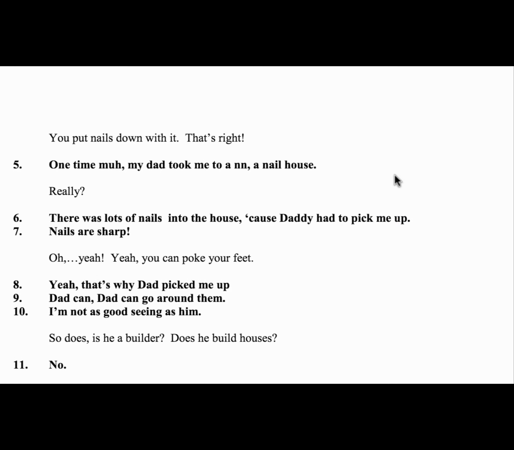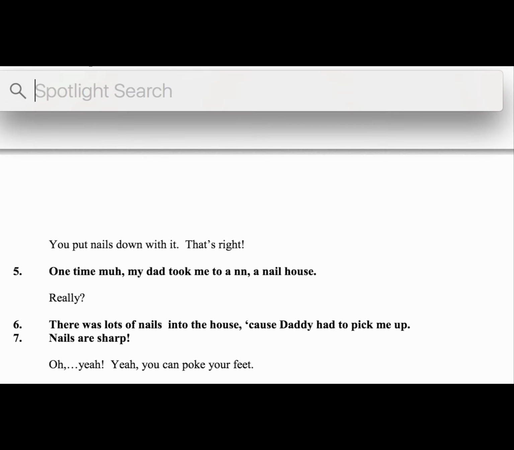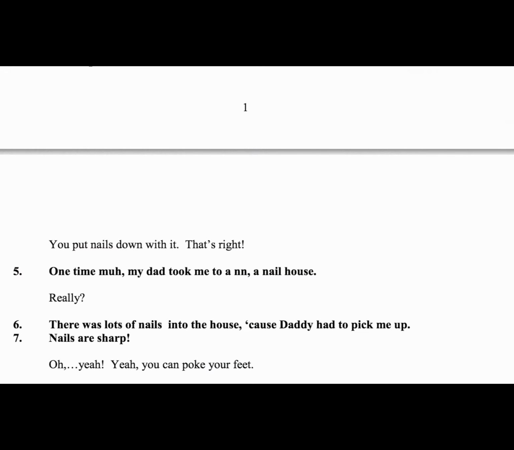Oh, too bad it couldn't have been 42. 41 divided by 6 is 6.833 for an MLU.